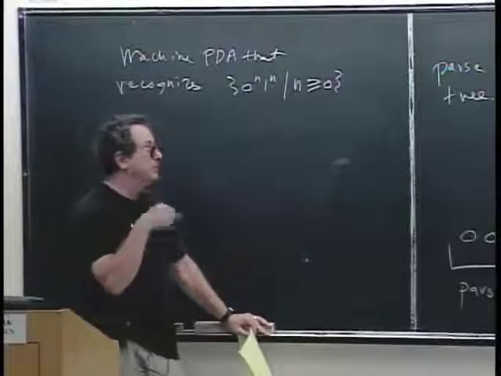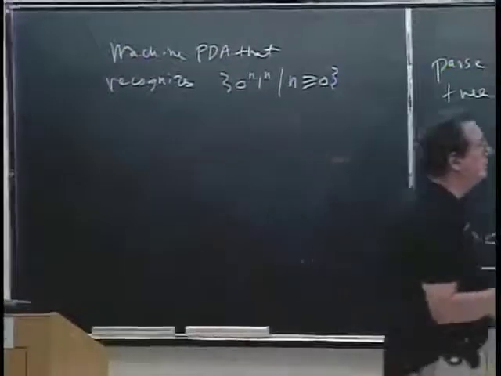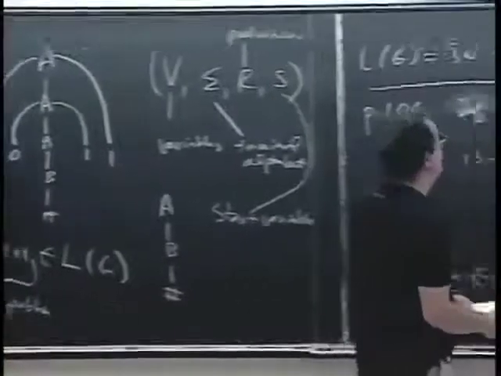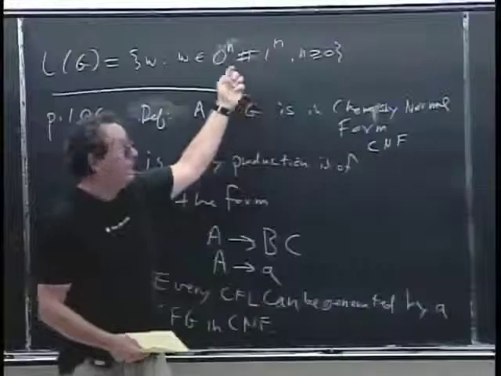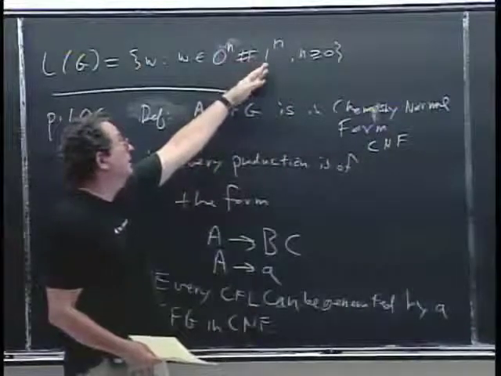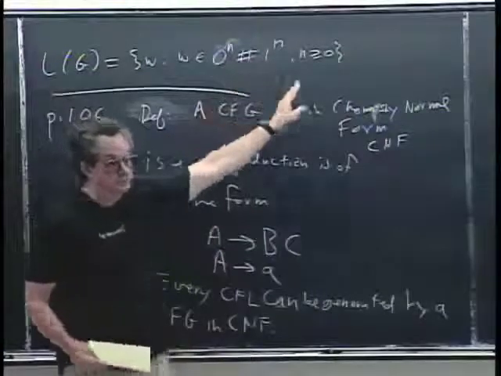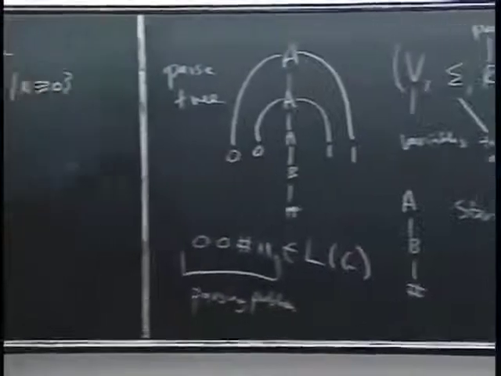This is the language 0 to the n, 1 to the n. But you are figuring out whether the number of zeros and the number of 1s is the same, because you're pushing all the zeros onto the stack, and then popping whenever you see a 1. And in the end, you're deciding whether the stack is empty.